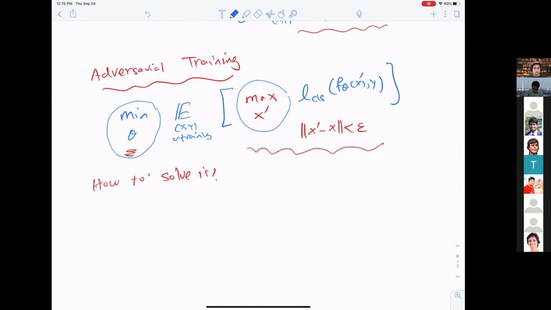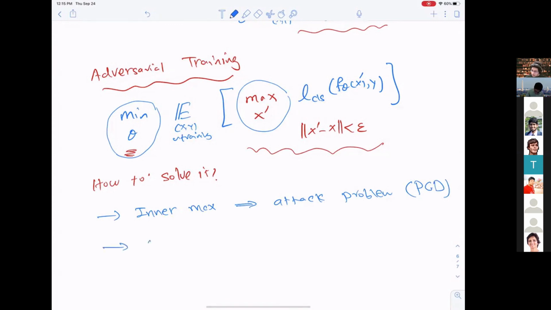I'm finding X prime that pushes my model to be wrong. So the inner maximization problem is basically the attack problem, and you can use, for instance, PGD or FGSM to approximately solve for X prime.